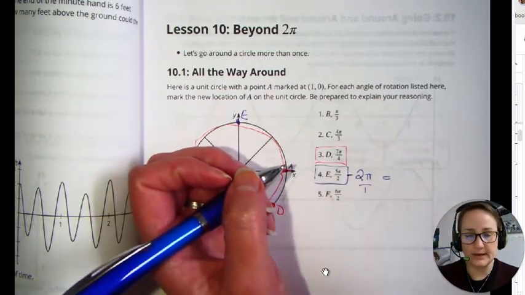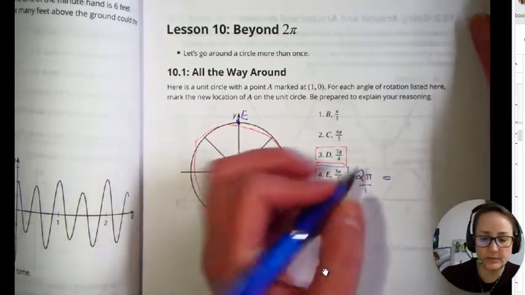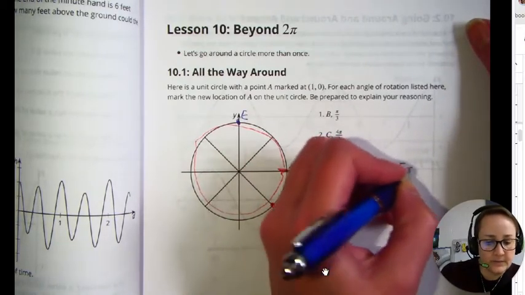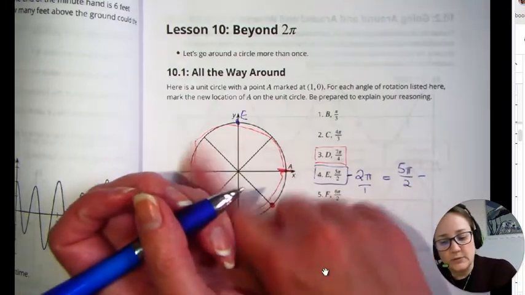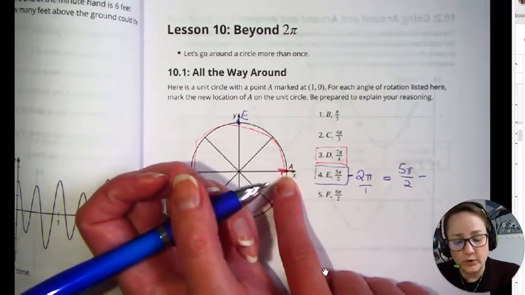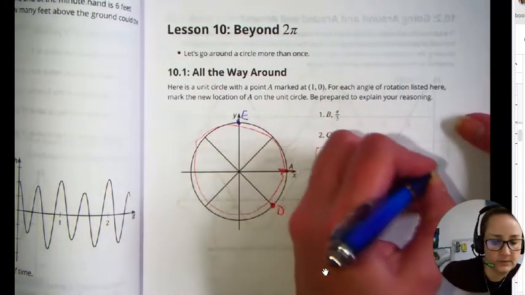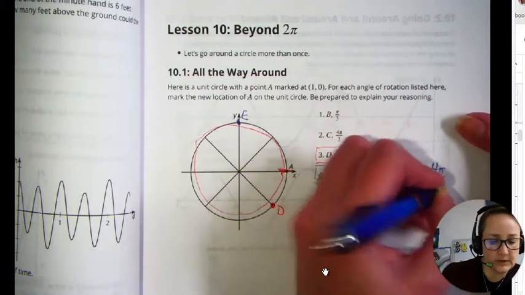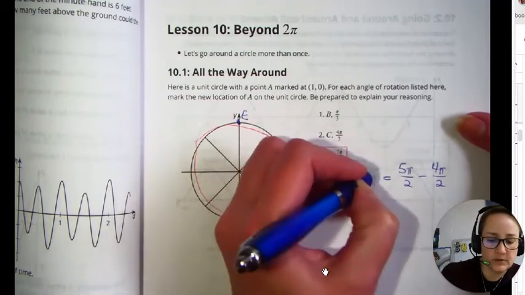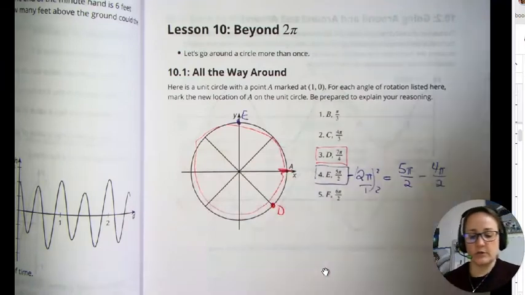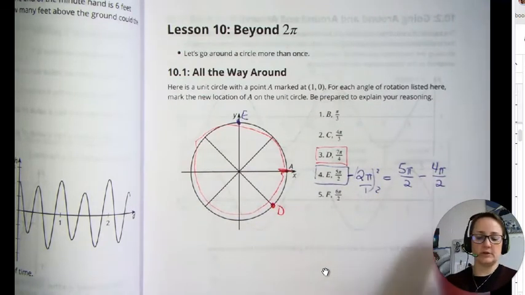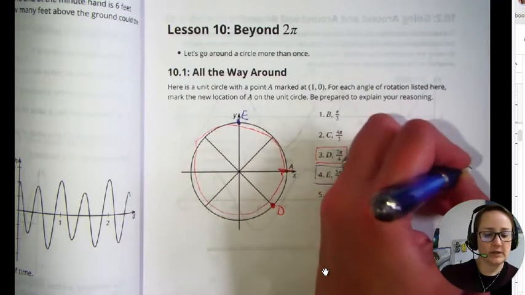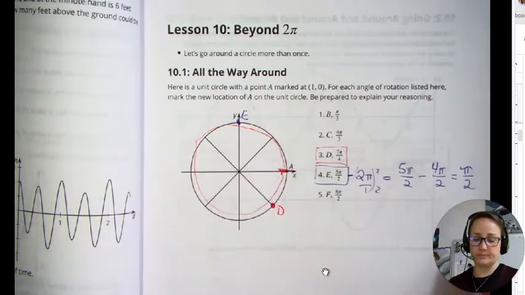Remember, we can't add or subtract fractions without common denominators. 5 pi over 2 minus, well, when we counted, we also had 4 pi over 2. Two ways to think about that. But maybe you just took the numerator and the denominator, multiplied them both by 2, and find out that we're doing 5 pi over 2 minus 4 pi over 2. It would be at the same place as 1 pi over 2.